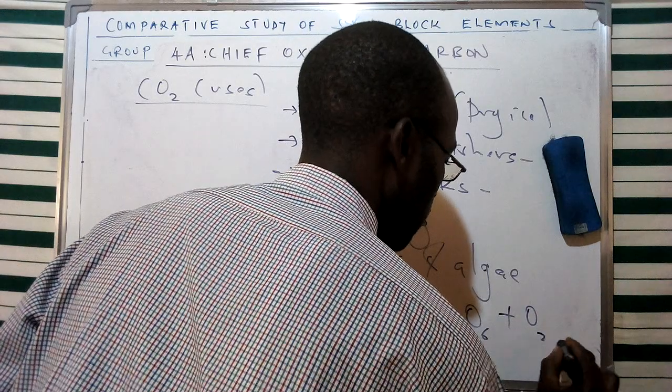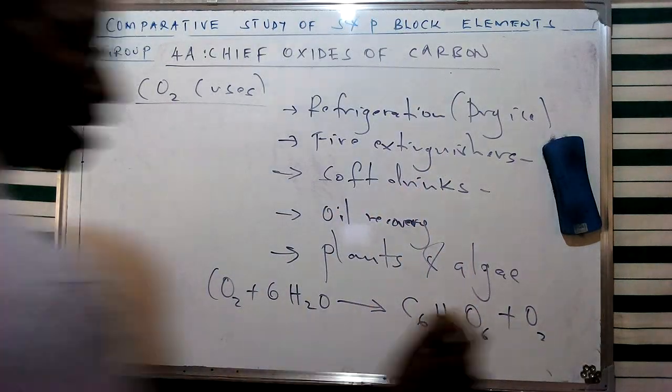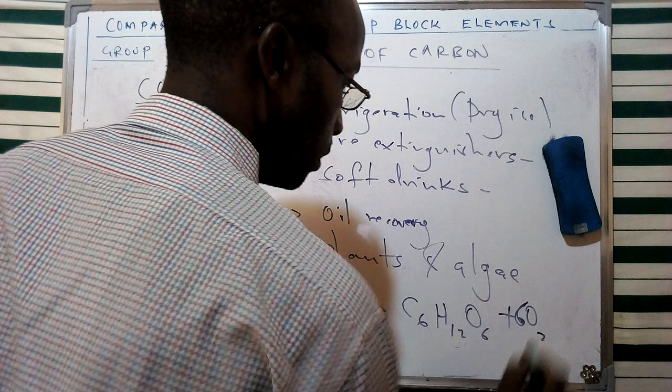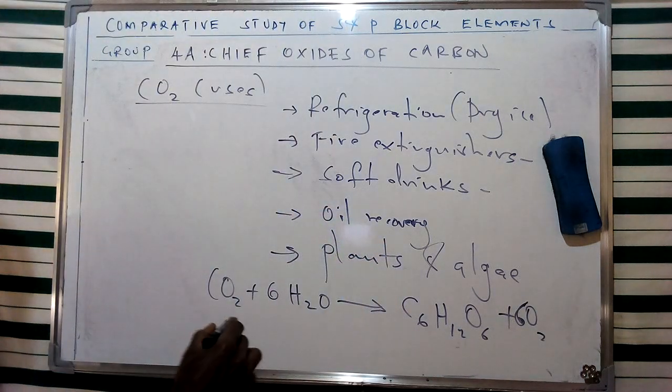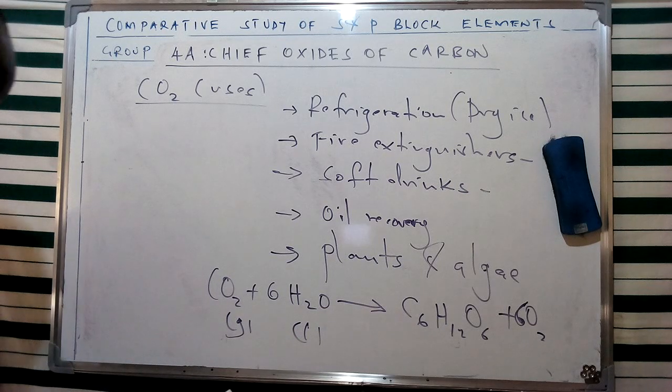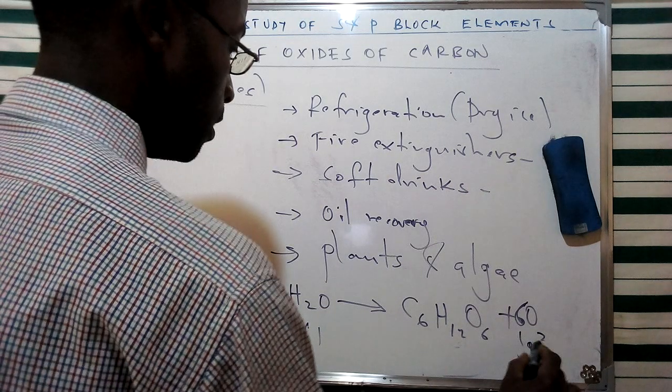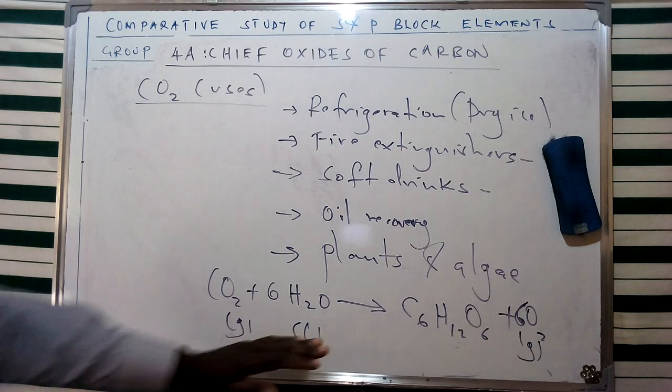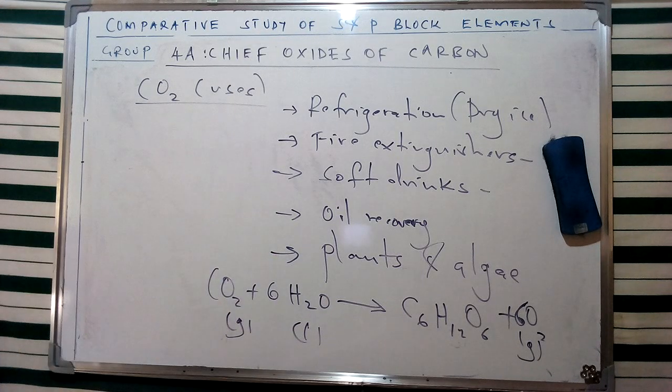We have said that plants are the chief sources of oxygen, and therefore this is going to be the general equation which represents this specific reaction of carbon dioxide leading to the formation of this particular product. These are some of the uses of carbon dioxide.